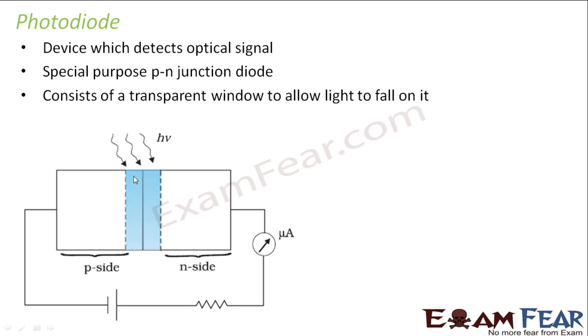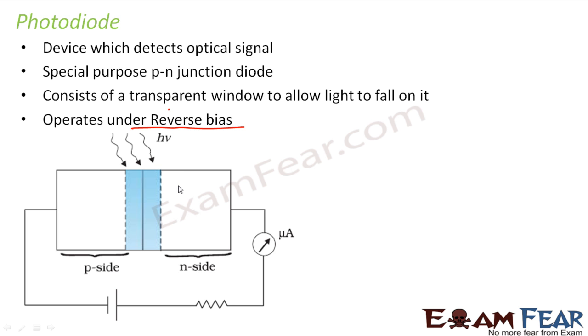So now, this photodiode also operates under reverse bias, right? So what happens exactly in case of a photodiode? When light falls on the photodiode, let us suppose light means it is nothing but photons falling on this PN junction diode.